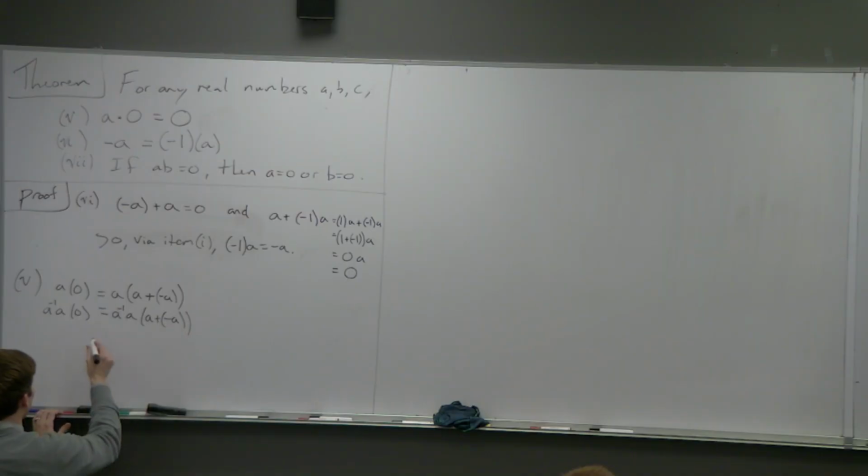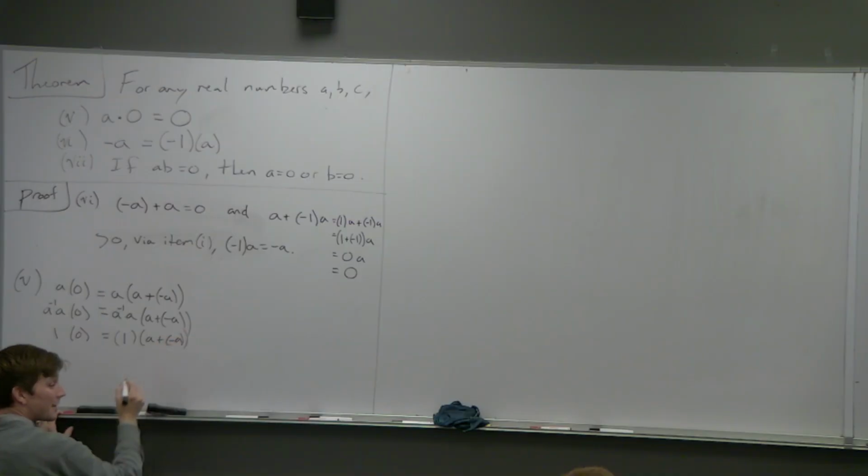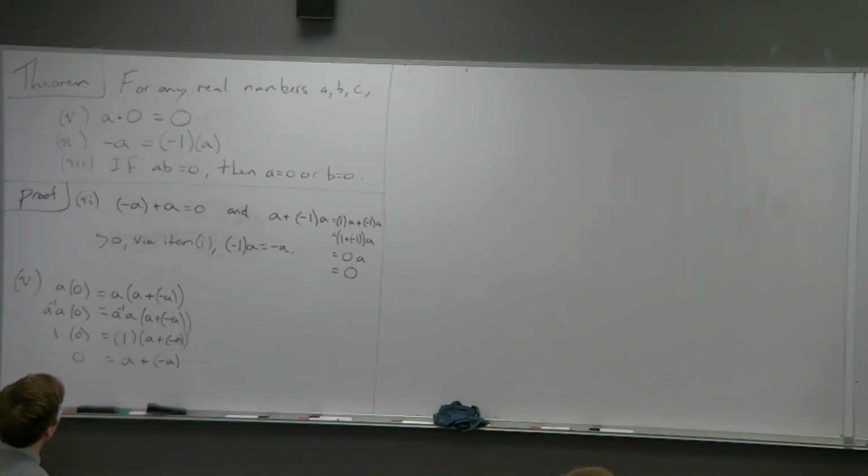That's fine. And so then you're going to get 1 times 0 equals 1 times a plus minus a. I like this, okay. By item 1, this is just 0 by the definition of the multiplicative identity. By the definition of multiplicative identity, this is a plus minus a. Okay. That is very nice.